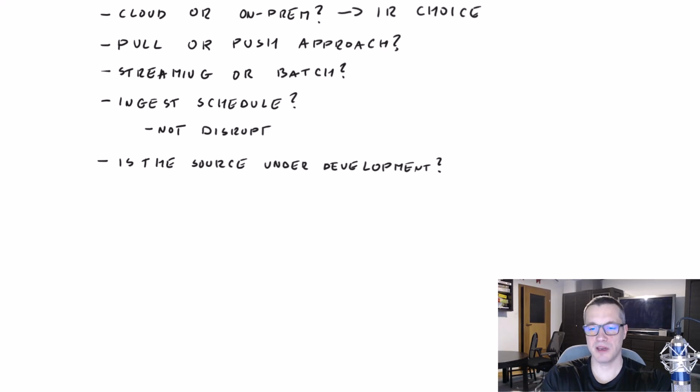They are being modified. New versions are released, which means that in the middle of your implementation, the data structure might change. So you should talk to the people responsible for this data source and ask, are there any plans to modify it? If yes, maybe they can give you a roadmap of when you might expect those breaking changes, if any.